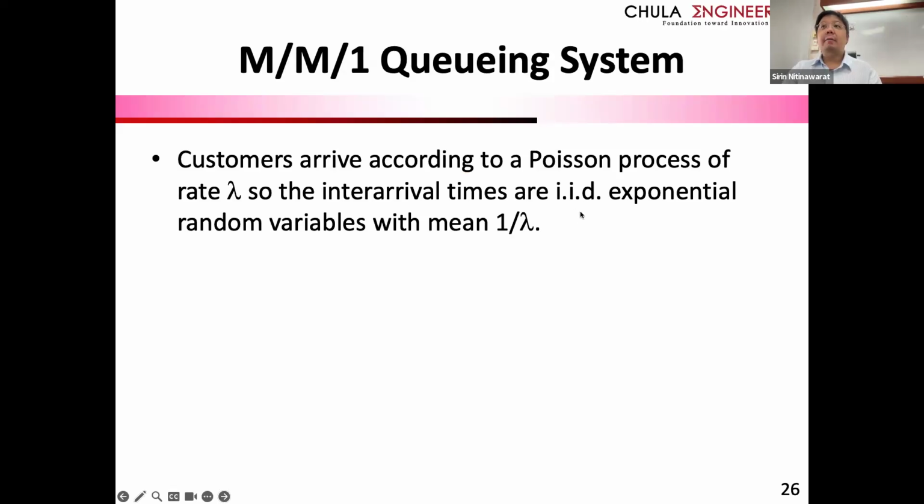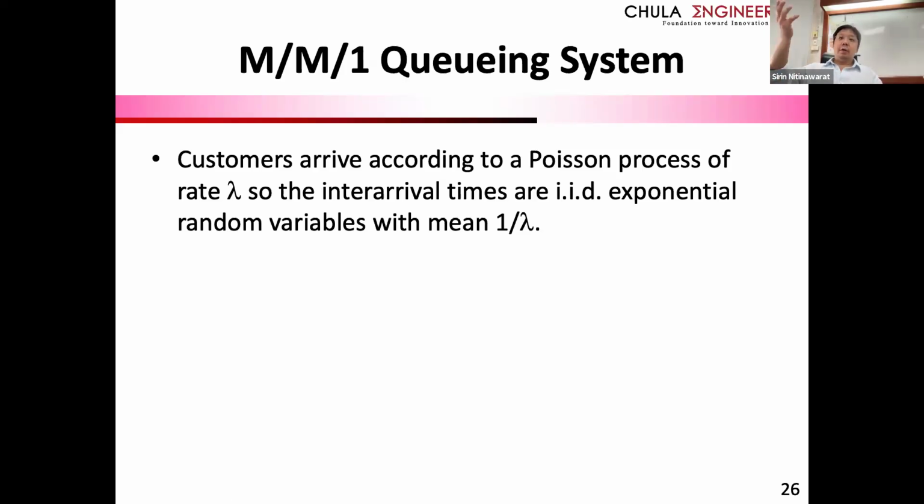As you may recall from last week, this means that the inter-arrival times are independent and identically distributed exponential random variables with mean 1 over lambda, because lambda is the arrival rate, in terms of, let's say, customers per second.